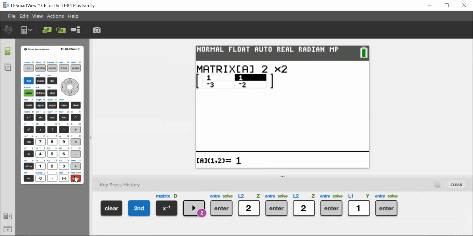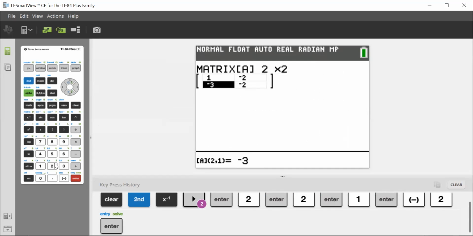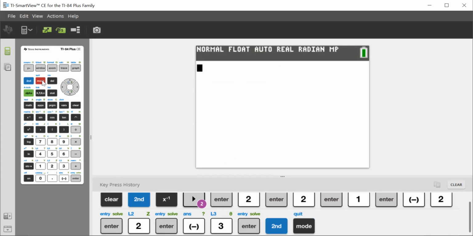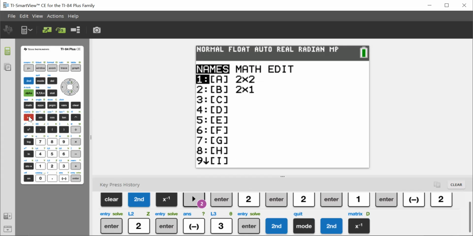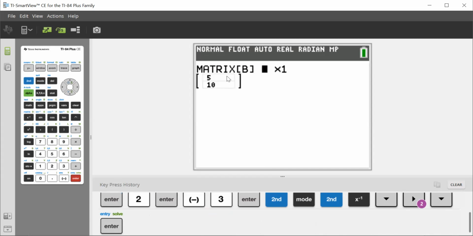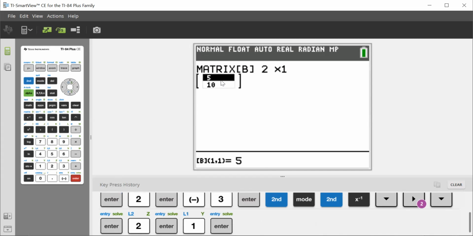My coefficients were 1 and -2, 2 and -3. Then I need to put my answer matrix in matrix B. That's a 2 by 1 matrix, and my answer matrix is 5 and 10.